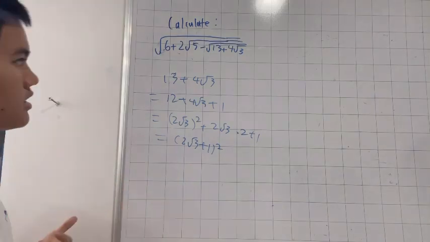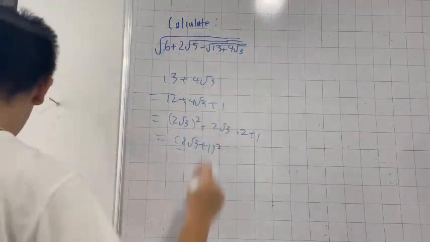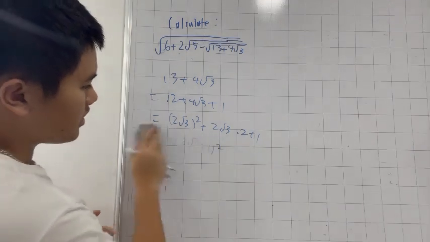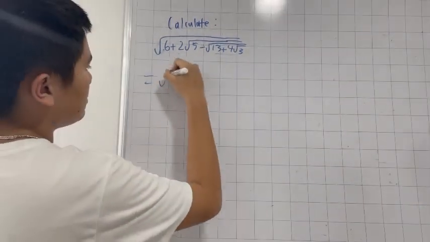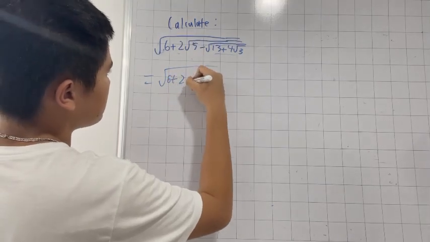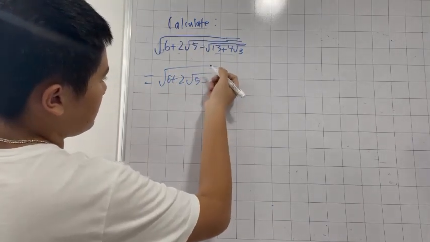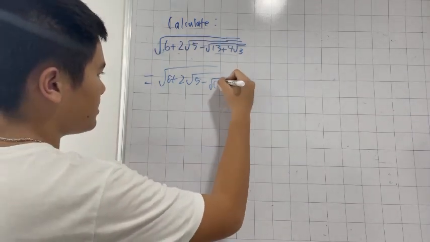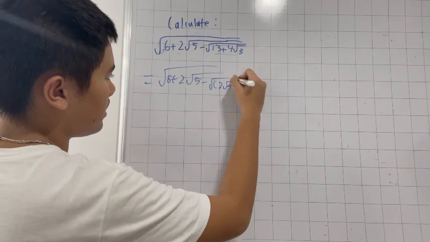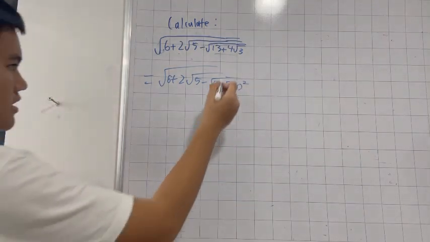You see? So now we're going to replace that here. So that will be equal to square root of 6 plus 2 square root of 5 minus, well, what is it? 2 square root 3 plus 1 squared, right? That's what we just got.